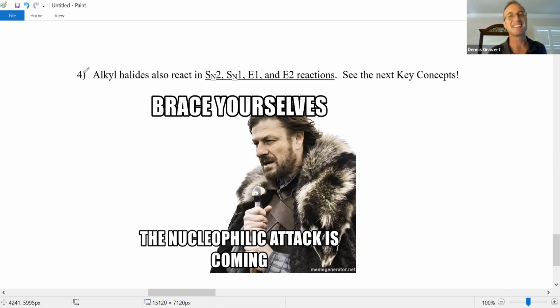Yeah, there's a whole separate key concept to cover these. These might be the most important reactions in all of organic chemistry. It's pretty high up there. So we'll spend some time talking about SN2, SN1, E1, and E2 reactions. The subscript N stands for nucleophilic, hence the name. E stands for elimination. S stands for substitution.